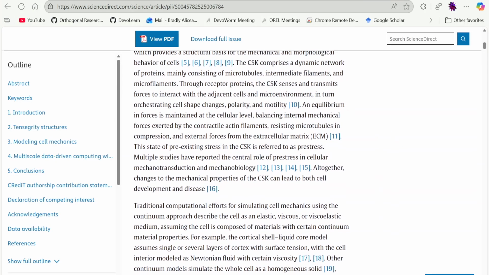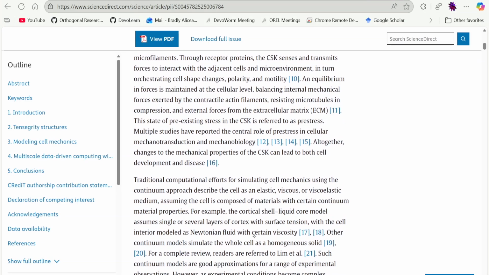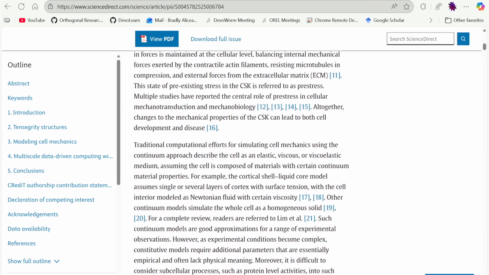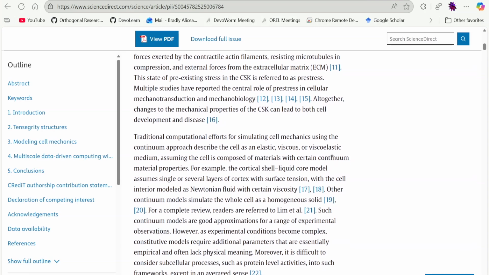An equilibrium in forces is maintained at the cellular level, balancing internal mechanical forces exerted by the contractile actin filaments, resisting microtubules in compression, and external forces from the extracellular matrix. This state of pre-existing stress in the CSK is referred to as pre-stress. Multiple studies have reported the central role of pre-stress in cellular mechanotransduction and mechanobiology.